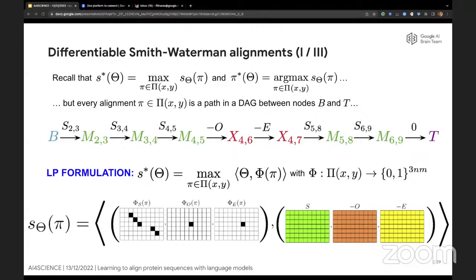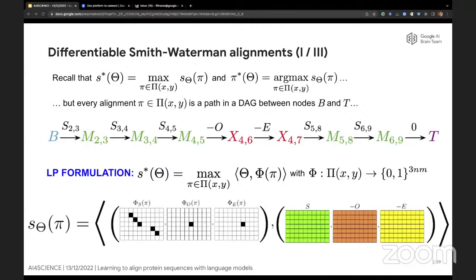So we can basically do this for every possible alignment. And then if we take the inner product between this type of representation and our parameters, we just get the length of the path, which is also the score of the alignment. And what we want to do is just find the maximum over the set of all these binary indicator matrices of an inner product between our parameters and the representation.